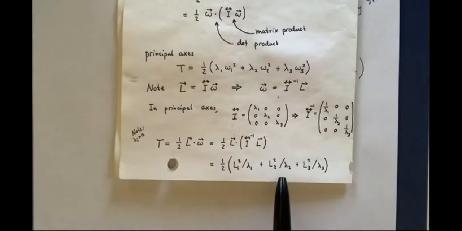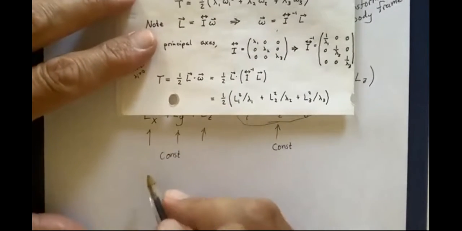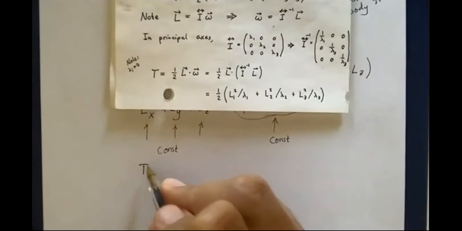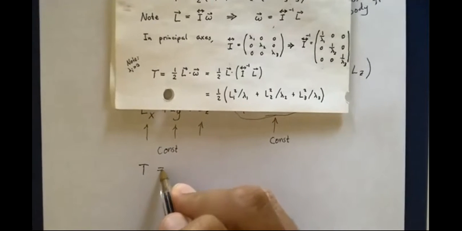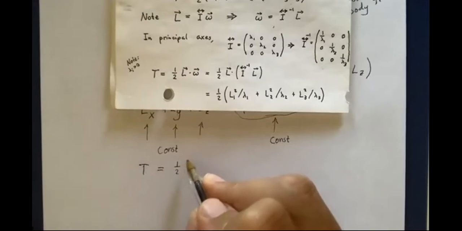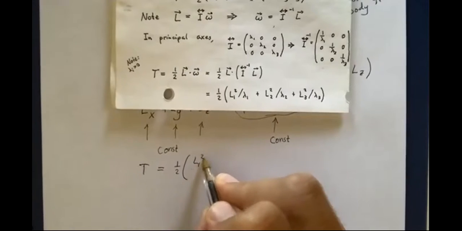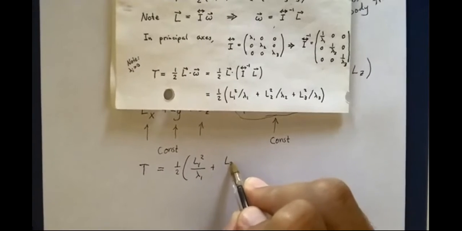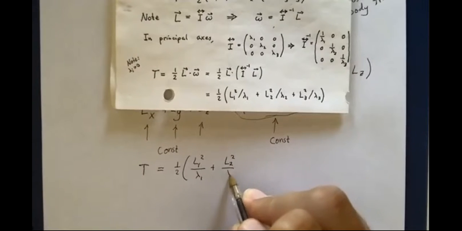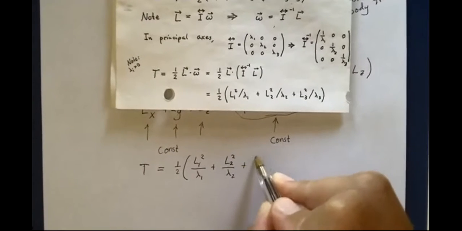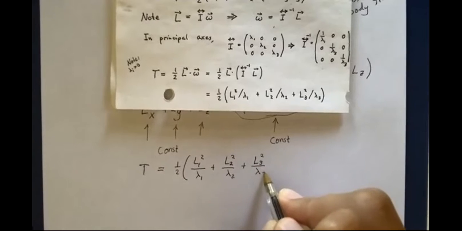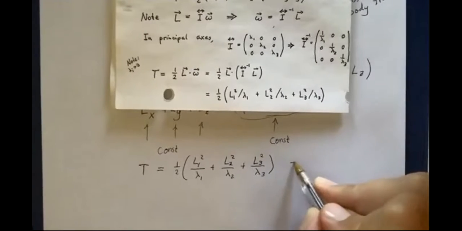Let's remember that we have the constancy of this kinetic energy. So T, we'll copy that one over. It's definitely a keeper. That's a 1/2, L1 squared over lambda 1, L2 squared over lambda 2, L3 squared over lambda 3, and that's a constant.